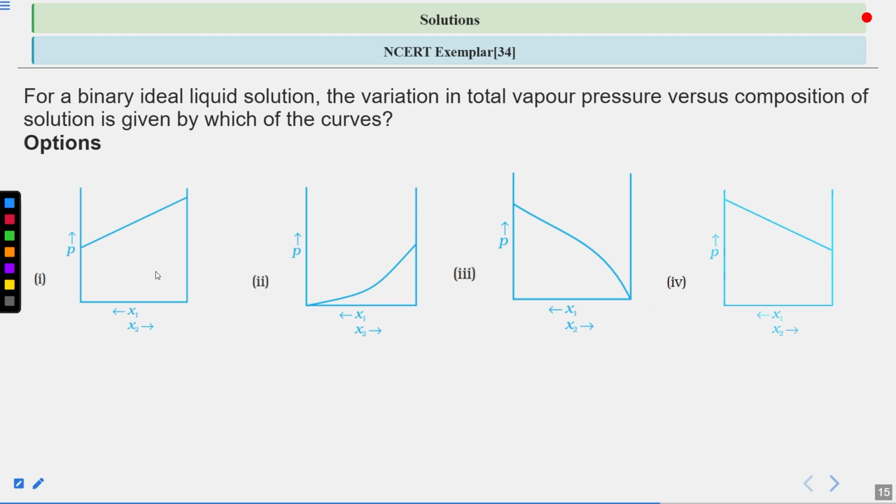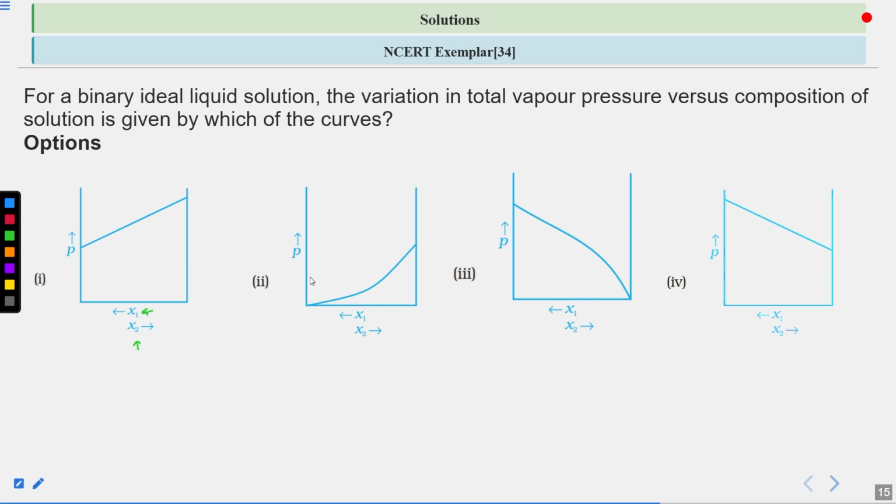Okay, so you can see we have 4 options, or you can say 4 given figures. The first figure has a graph between the total vapor pressure versus the composition of solution. That means X1 and X2, which is basically the mole fraction, Chi1 or Chi2. This graph is increasing.